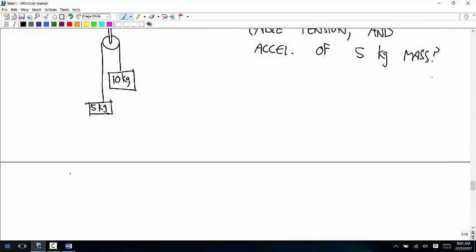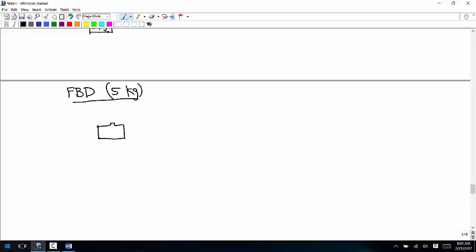Okay, so first I'm going to isolate and draw a free body diagram of the 5 kilogram mass. The weight is 49.05. What else is touching this? The cable.